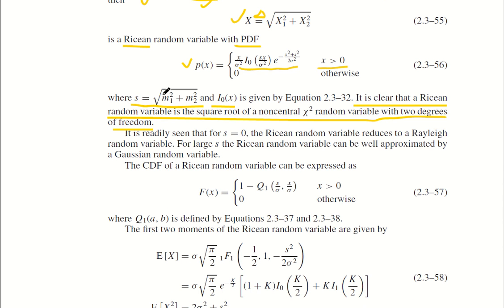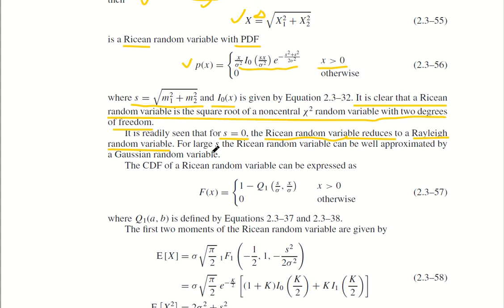Also, if you have zero mean, s equal to 0, the Rician random variable reduces to a Rayleigh random variable.